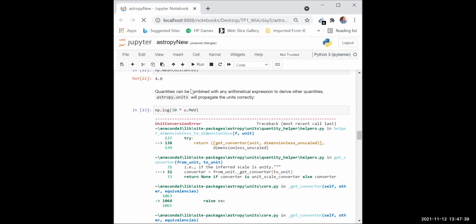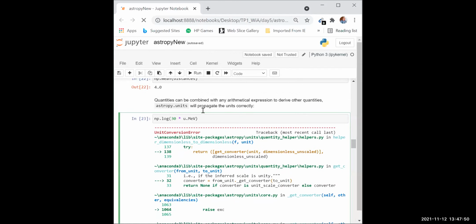So there are certain quantities which have to be dimensionless. For this to function fine, you have to make it a dimensionless quantity.